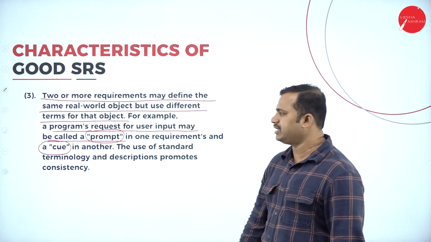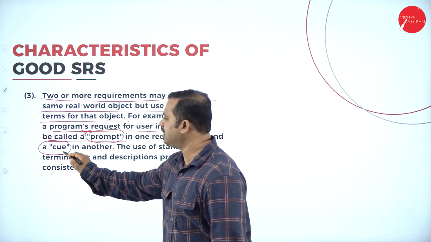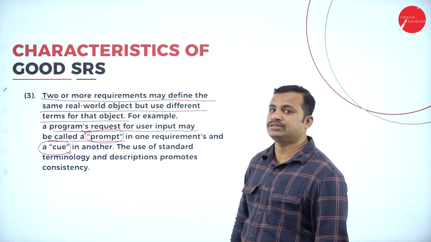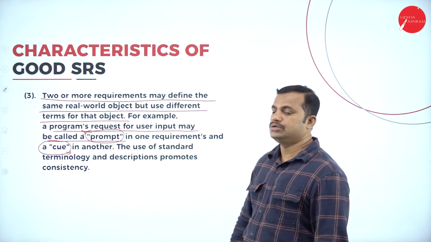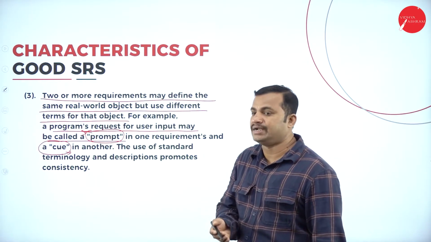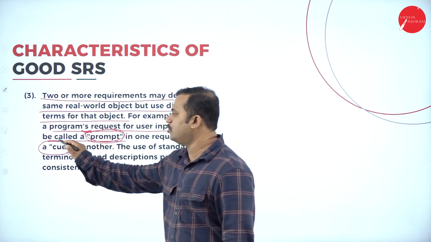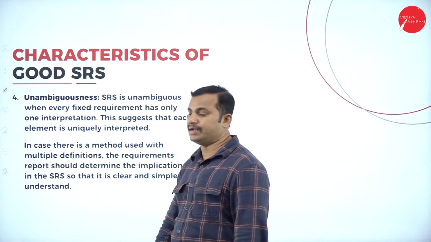So there is a conflict again. Here they are using the word prompt and here they are using the word queue. So this is not consistent with the terms used in the document. In order to make it consistent, we must use only prompt everywhere or only queue everywhere in the document. So the consistency is maintained.